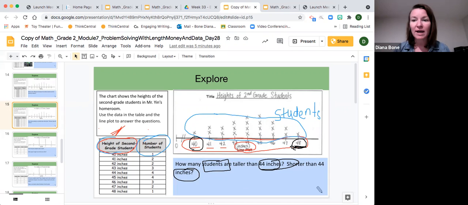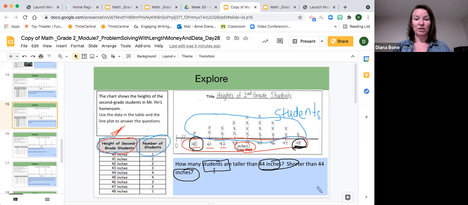Which one represents students and is going to help me answer a question about students, not height? You're right, we're going to count the X's. And how is that easy for me to know? Because I already circled and labeled my two pieces of information from my data table.